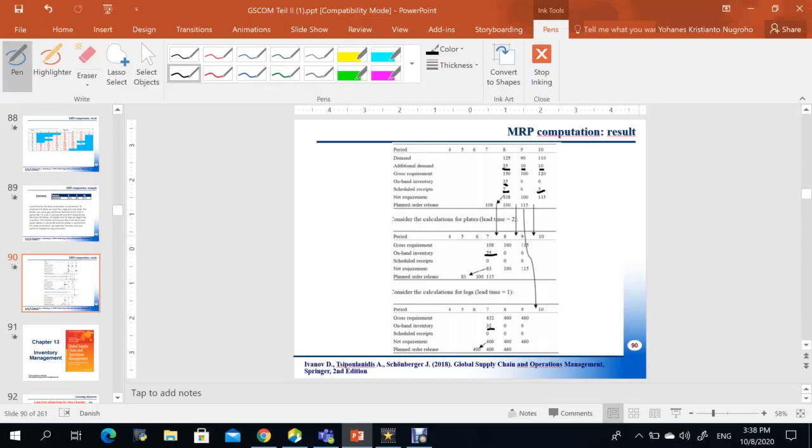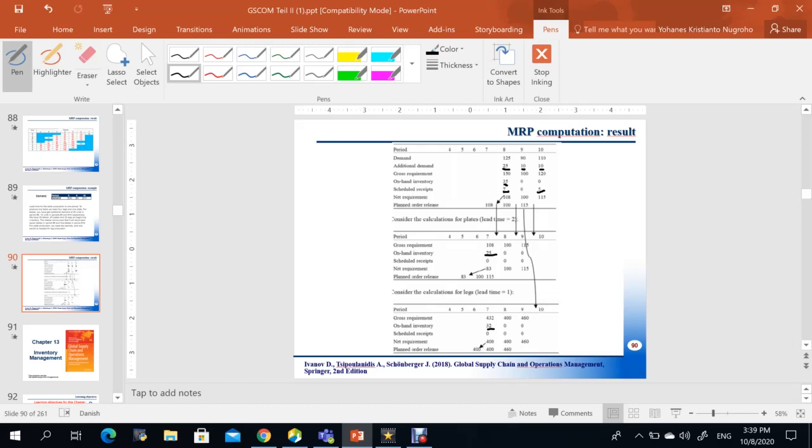Now we go to plates. For ordering plates, the table manufacturer needs the plates available when the manufacturing of table started, that is at week number 7. Therefore, the gross requirement for plates is equal to the net requirement of table, shifting the gross requirement 1 month at month number 7.